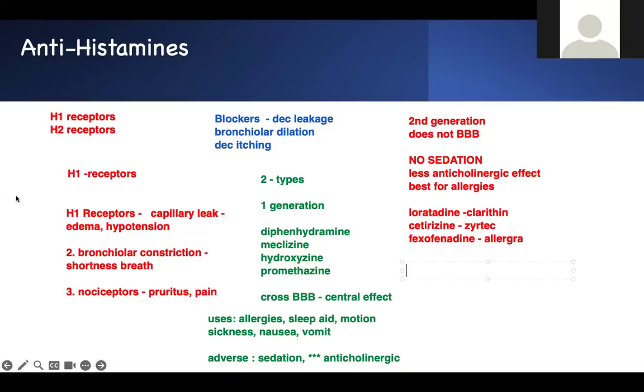Of course, NCLEX is a safety test. So they're going to have safety issues, and therefore, nurse interventions and nurse teaching. What are you going to tell them? One, you should not drink alcohol, especially if you're taking first generation. Two, you should avoid CNS depressants if you're taking first generation, right? You should avoid it in an elderly patient because they're going to fall down.